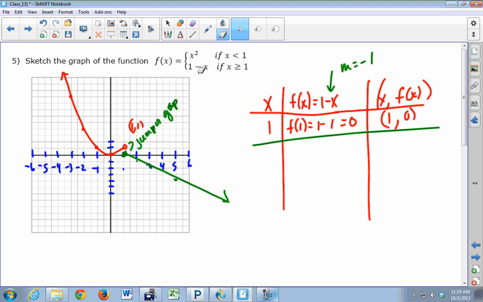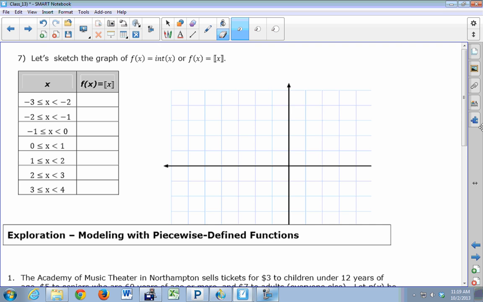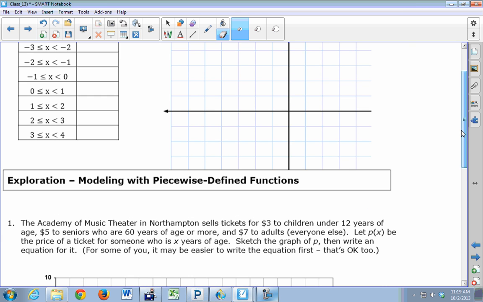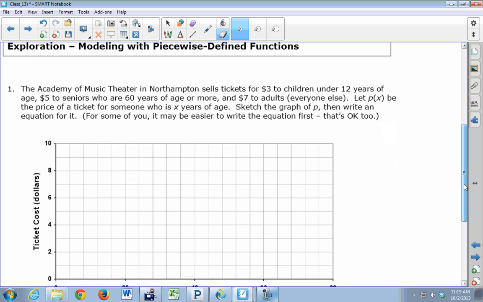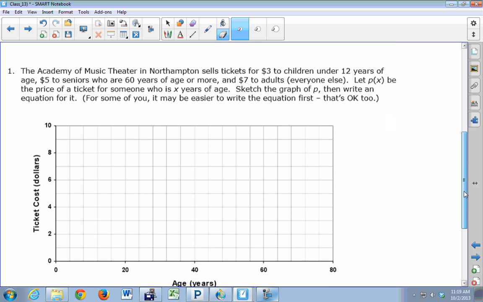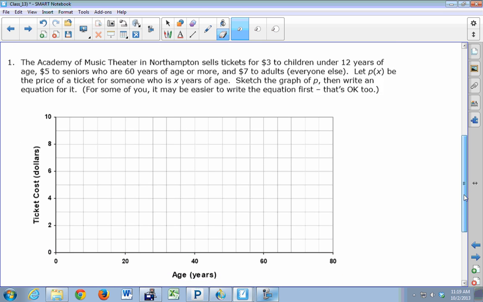Because I looked at the equation for my line, and it's y equals mx plus b. So the coefficient in front of x is -1. So what I'd like you to do now is start your exploration. I'm going to let you work on this exploration for about 10 minutes at your seats, and then we're going to do the greatest integer function.